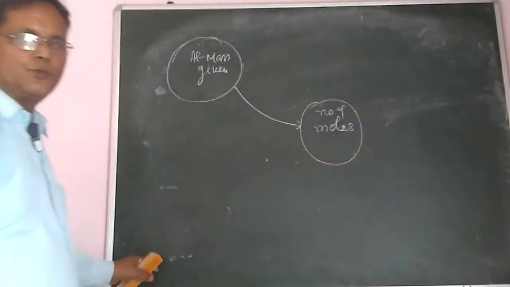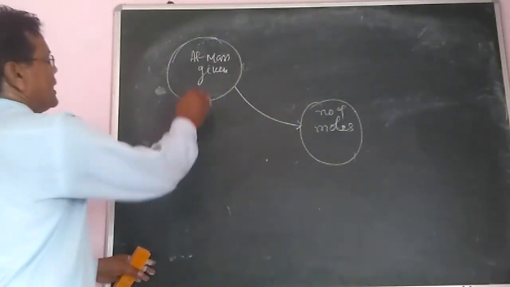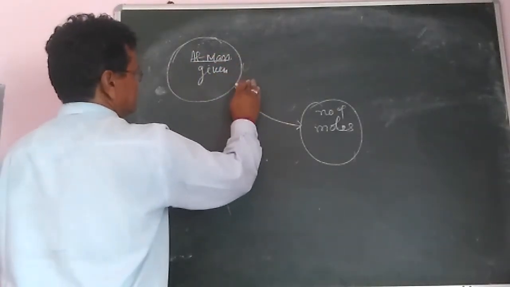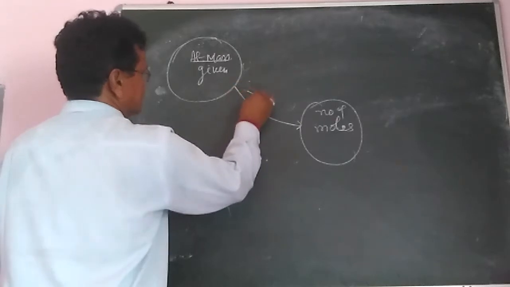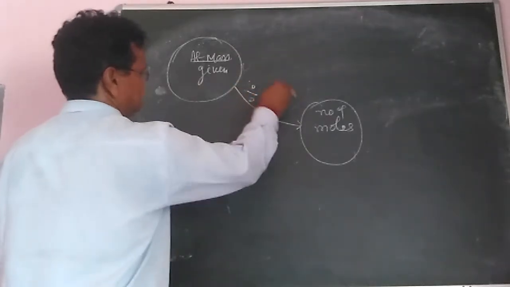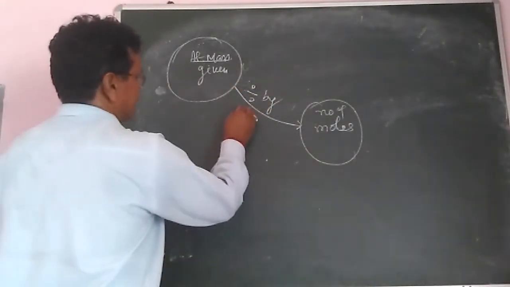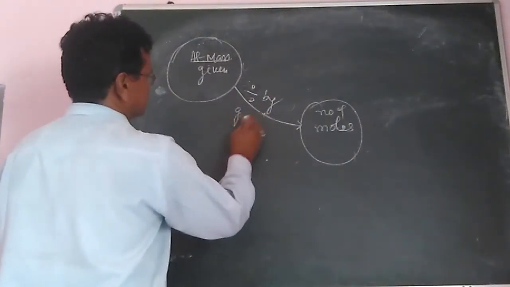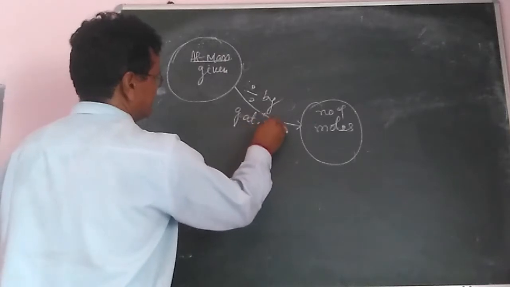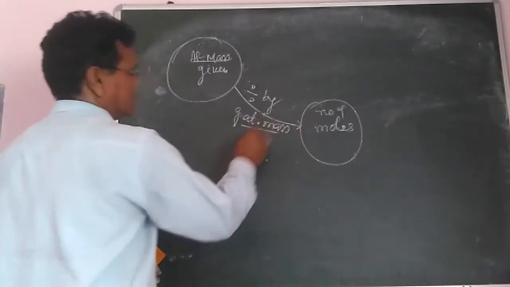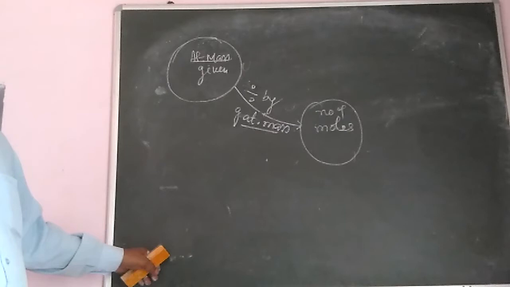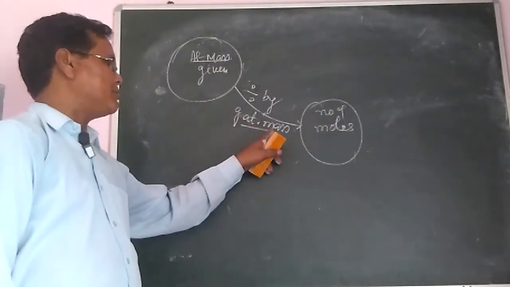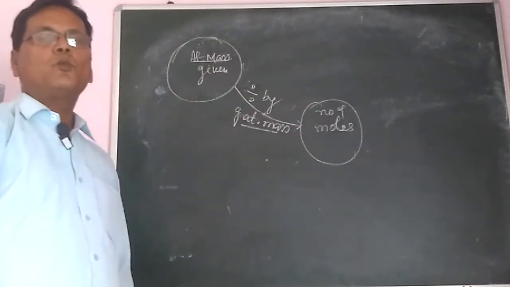How many moles would there be? The given atomic mass is divided by the molar mass, that is, the gram atomic mass. If you divide the given atomic mass by gram atomic mass, you will get the number of moles.